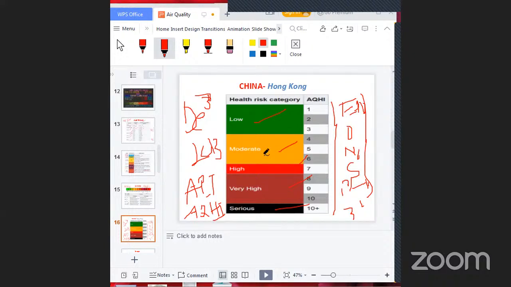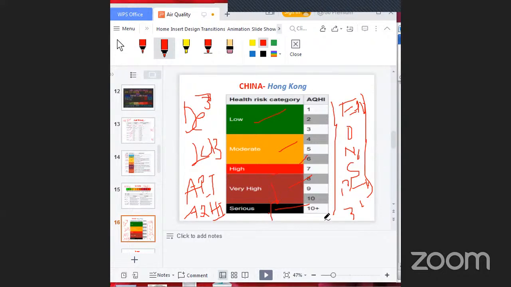For the high category, children, the elderly, and people with heart or respiratory illness are advised to reduce outdoor physical exertion. Above that, at the very high and serious levels, the general public are likewise advised to reduce or avoid outdoor physical exertion.